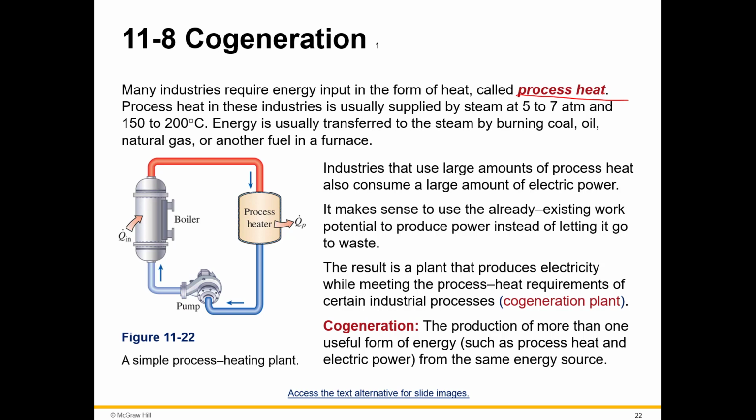Energy is usually transferred to the steam by burning coal, oil, natural gas, or another fuel in a furnace. Okay. Industries that use large amounts of process heat also consume a large amount of electrical power because you need to heat it. So you're going to have a large amount of electrical power to use large amounts of heat or to process that.